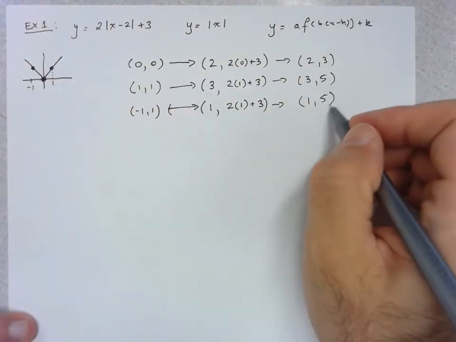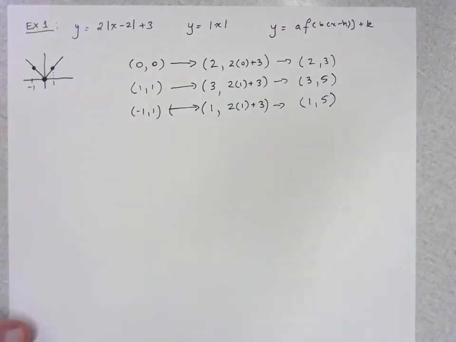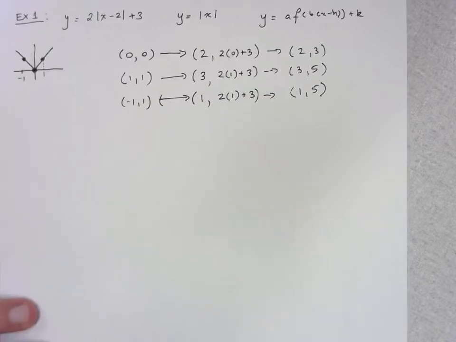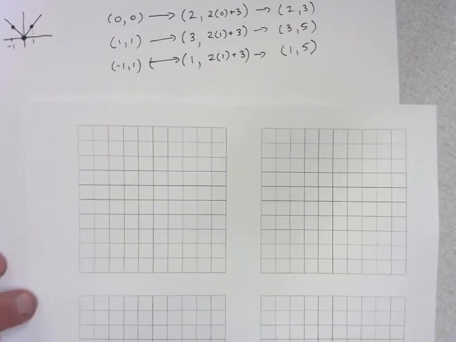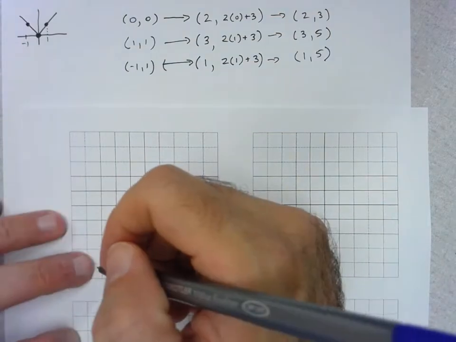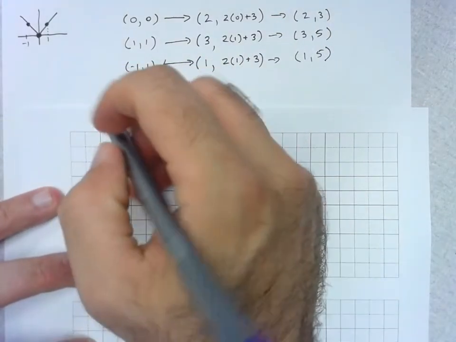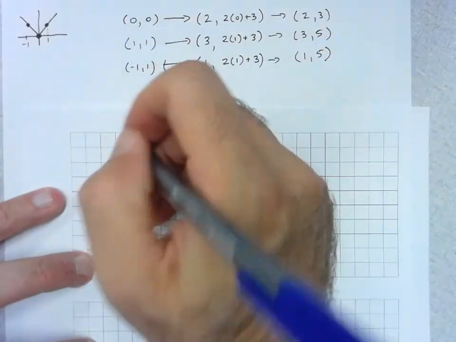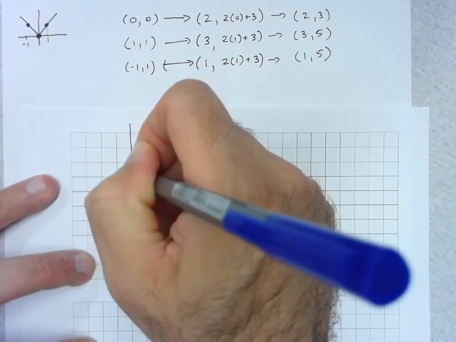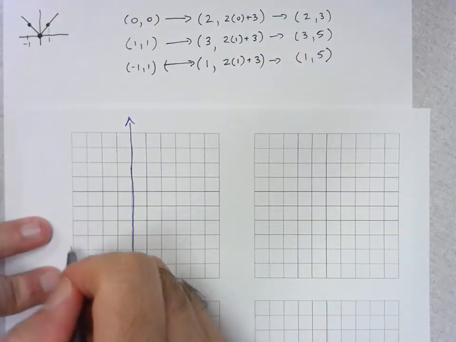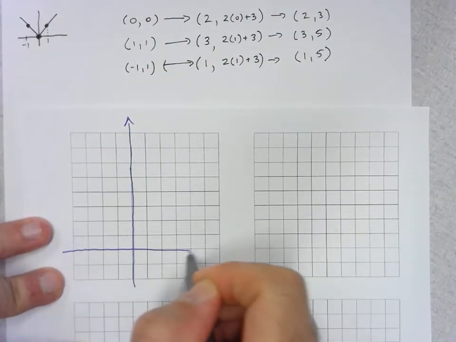And now what we have is 3 points on the transformed function. And so now what we can do, and I have my graph a little small here, so I'll use a different graph. Okay, so here I know I need to go up to a y value of 5. And I see that my x values are all positive, so I'm going to put my y-axis a little to the left, and I'll put my x-axis a little further down.